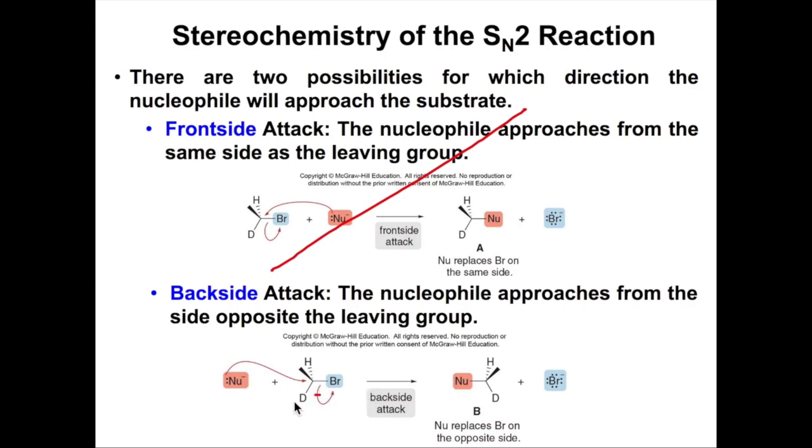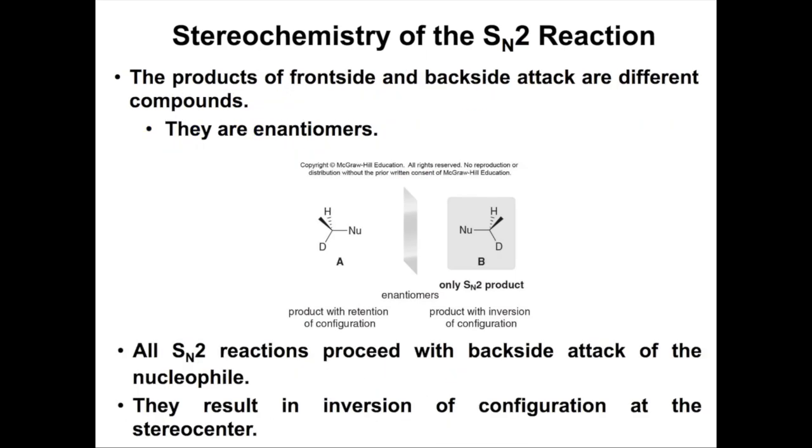So the backside attack will be 180 degrees from the back of the leaving group, and that results in what we call an inversion of configuration. In this case at the top, the nucleophile will end up where the Br was. And here, the nucleophile will end up in the complete opposite situation from where the Br is. So the nucleophile replaces the Br, but on the opposite side. I'm going to talk later on about the consequences of that.